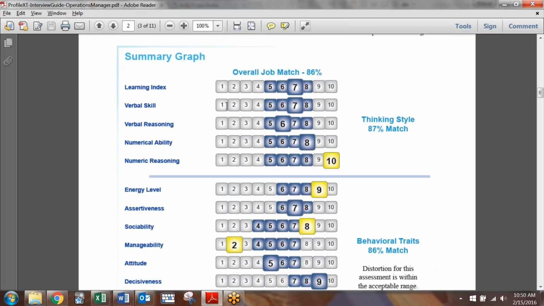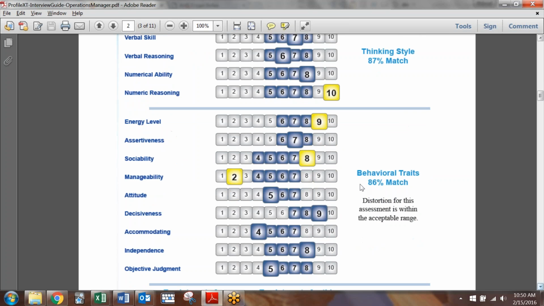Oftentimes, you're going to be looking for the outlier scores, and whether any of them are really indicative of a problem. Are these going to be red flags? A person having super high or super low scores, is that really important for that job, or are they truly a mismatch with some of the behavioral attributes?